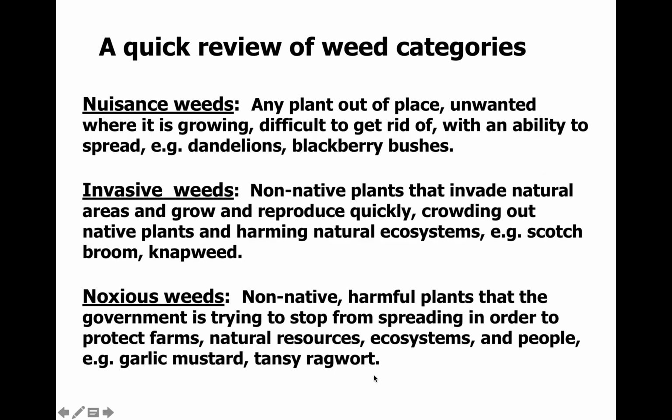All right, so weed is something we don't want, and there's three kinds. Nuisance is any plant out of place, unwanted where it's growing, difficult to get rid of, with an ability to spread, something like a dandelion or a blackberry bush. Remember when a dandelion goes from the yellow flower to that white puffy ball, if you've ever blown on it to make a wish, you're spreading those seeds everywhere.